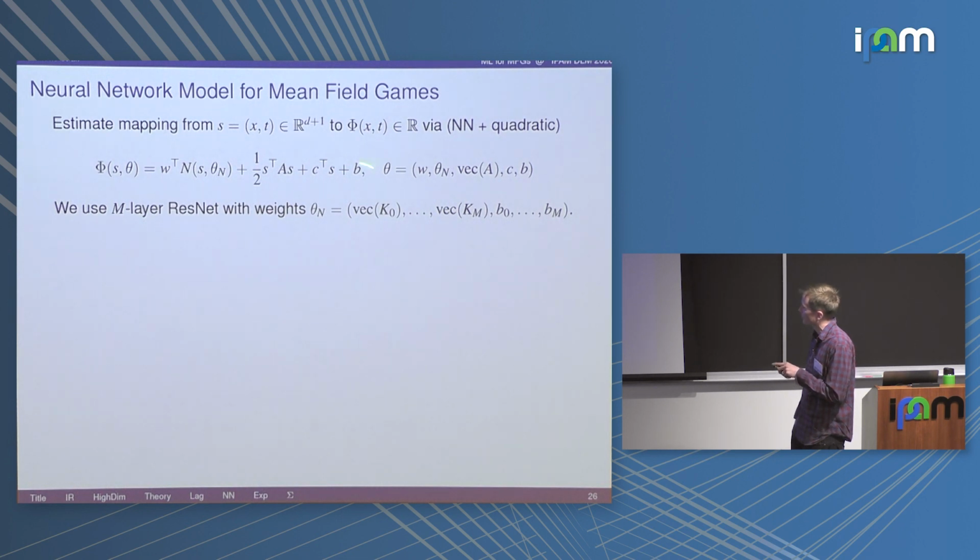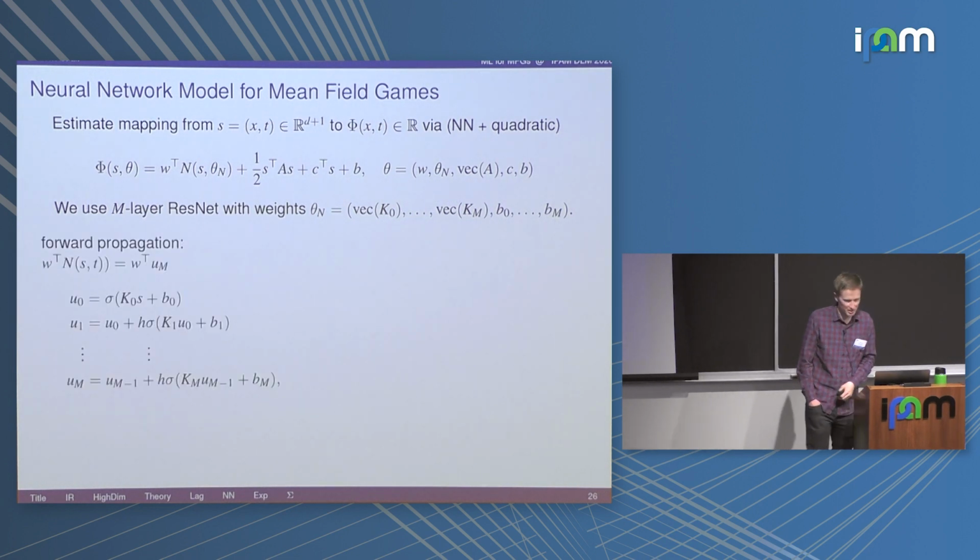We chose to also add a quadratic in here, just because we like quadratics, and they, for example, allow you to express very simple shifts immediately without going through the fun of a neural network. Again, this model you can pick whatever you want. I just want to make one quick explanation of what we do here.